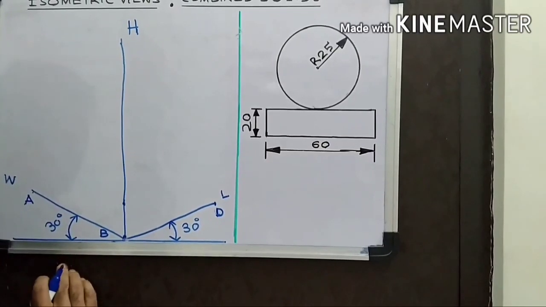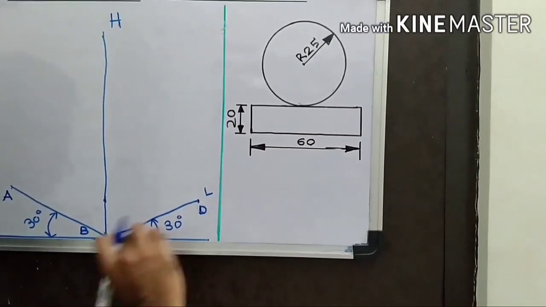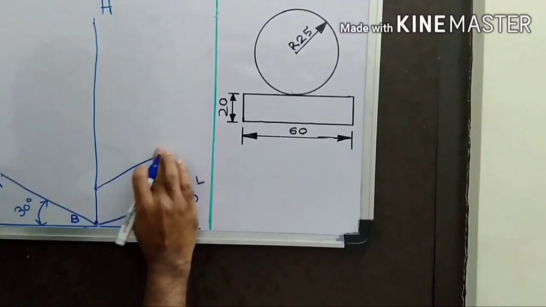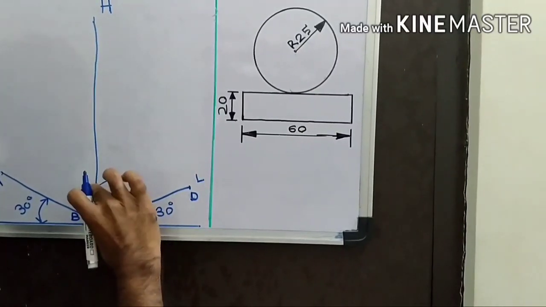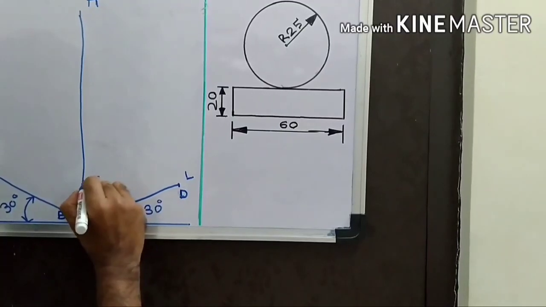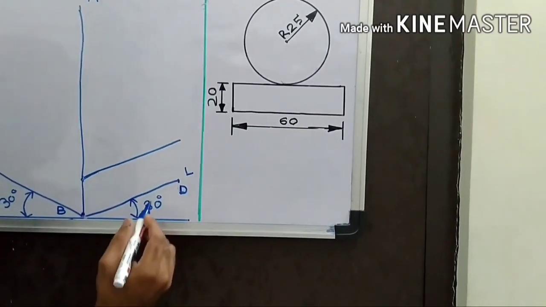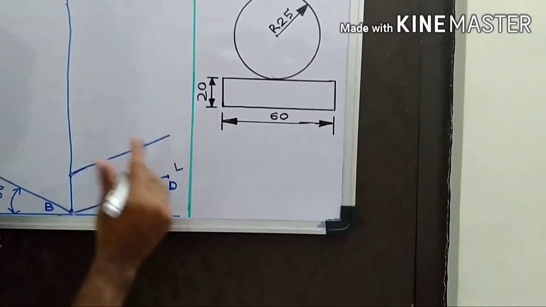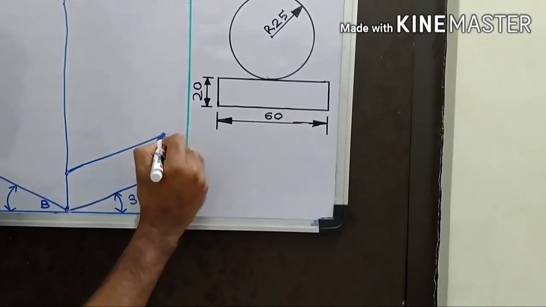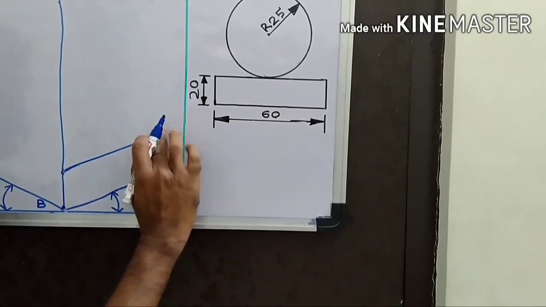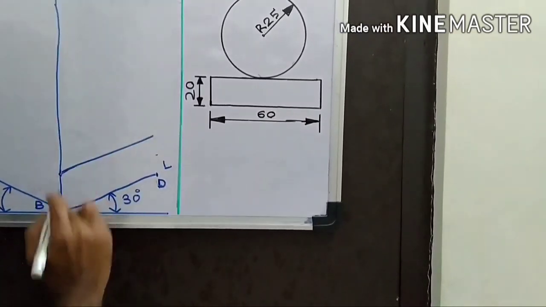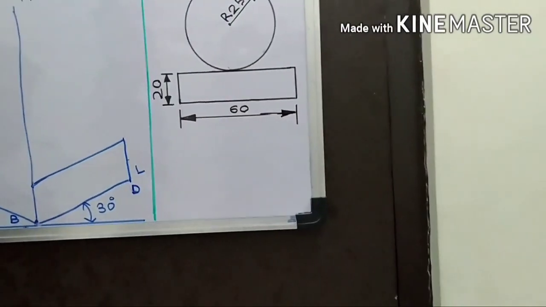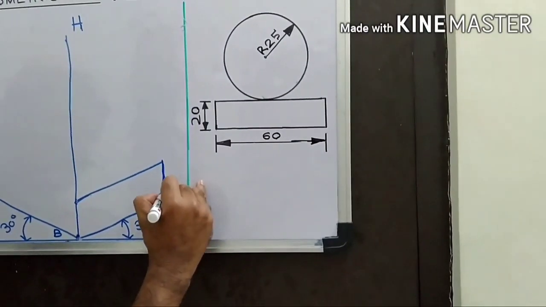From this point, draw a parallel line to BD by using a drafter, the same length, exactly 60. From this point D, draw a parallel line to BH by using a drafter.